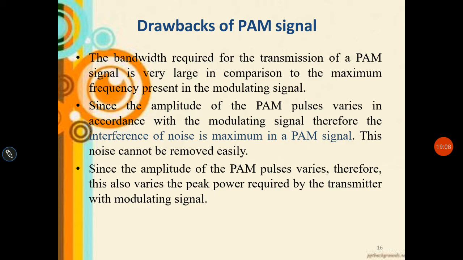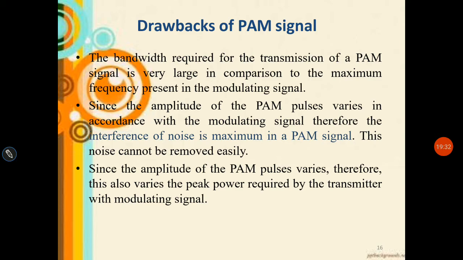We see that in the case of flat top, we minimize the noise at the top position of the samples, and in the case of natural PAM signal or ideal PAM signal, it is very difficult to eliminate those noises. So it will be a big drawback of the PAM signal.